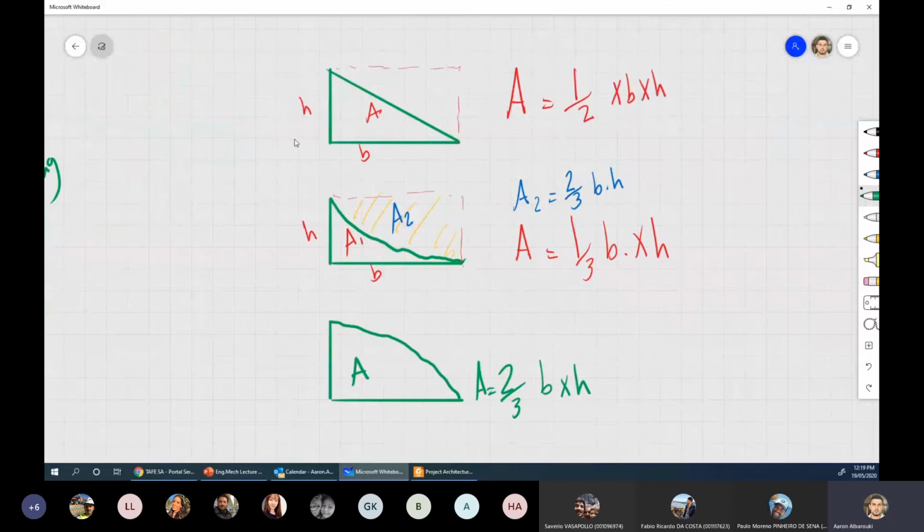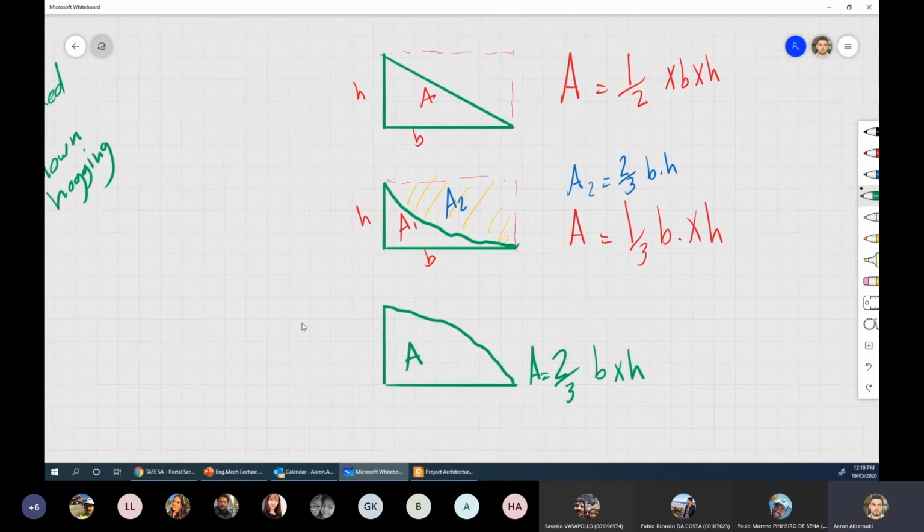Anyone would like me to explain it again? Okay, good. Just keep in mind, please remember it: if the triangle is half of the rectangle, this area under the curve is 1/3 of the rectangle. 1/3 B by H.